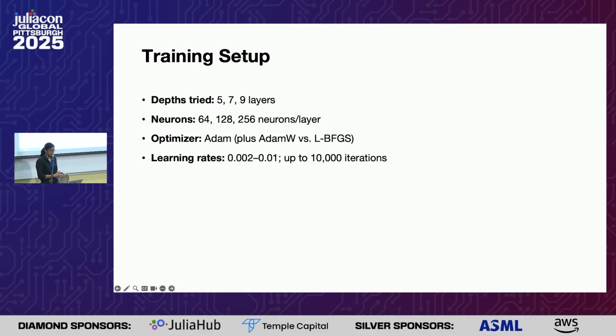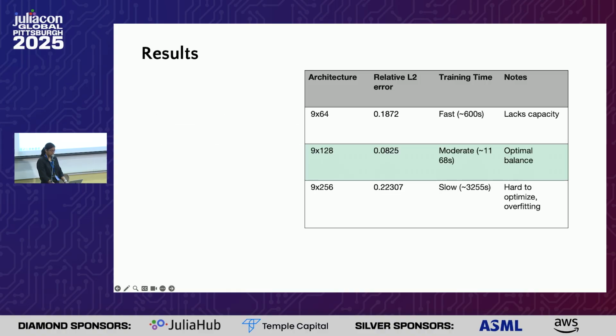We understand that if the learning rate is too high, it would be very unstable, and if it is too low, it will take longer to converge. So we tried different learning rates in this range, and also trained up to 10,000 iterations to ensure that every model was given the chance to learn the solution and reach a stable minimum in the loss landscape. This approach is what allowed us to identify the optimal configuration, which I'll show in the results.